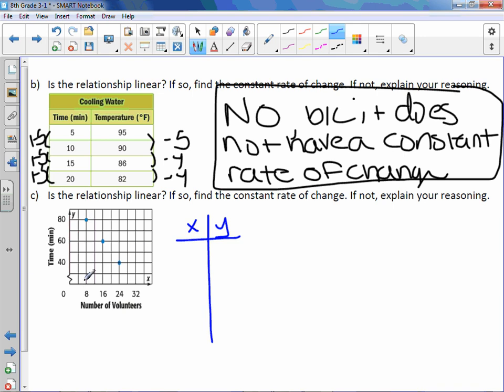This point is 8, 80. The next point is 16, 60. And the next point is 24, 40.